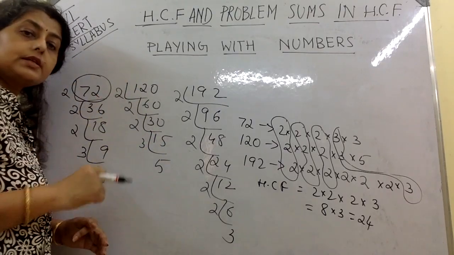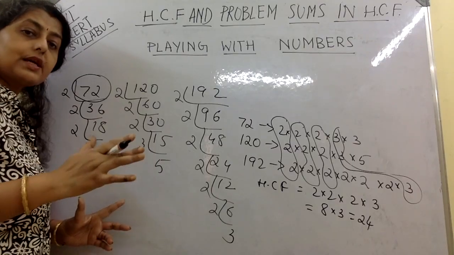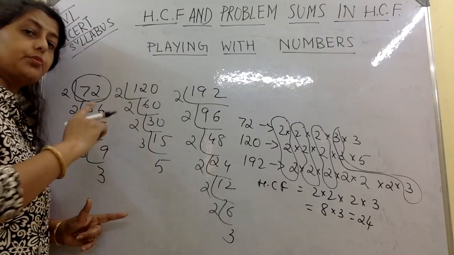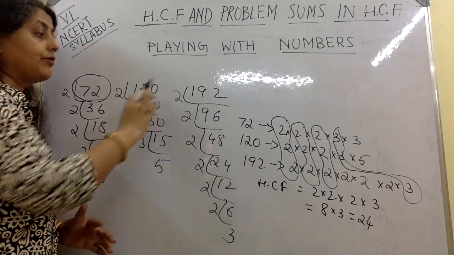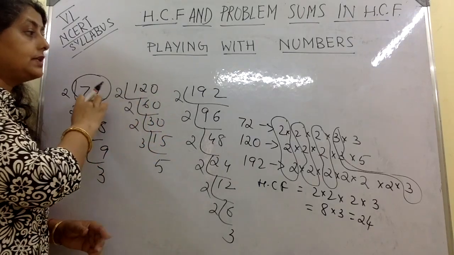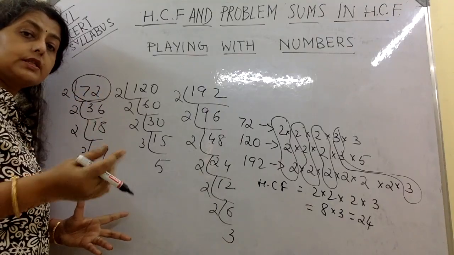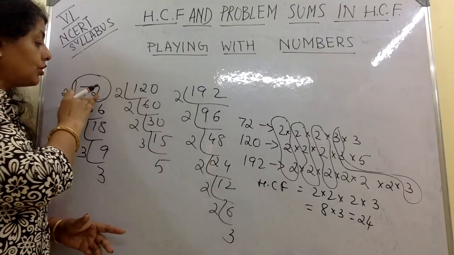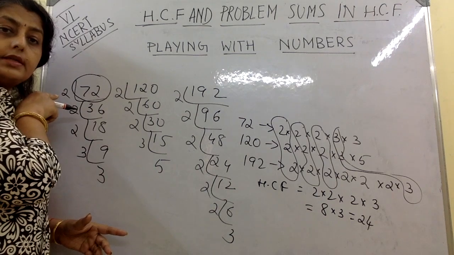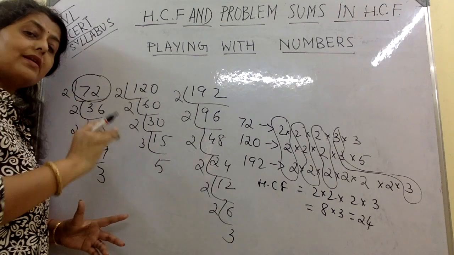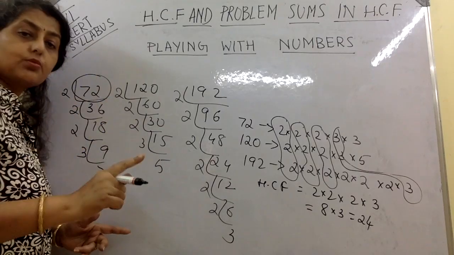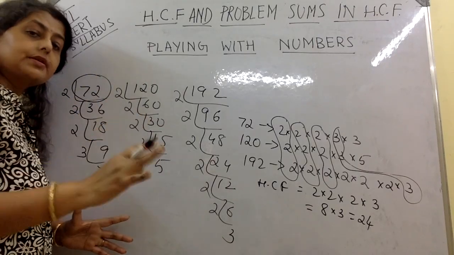Can 90 ever divide 72? No. That is why you can never have a number 90. Or you can't have 125, because 125 will not divide these two, so can't be a factor of this. So it has to be smaller than the smallest of all the numbers, or at max can be equal to the smallest number, not bigger than that.